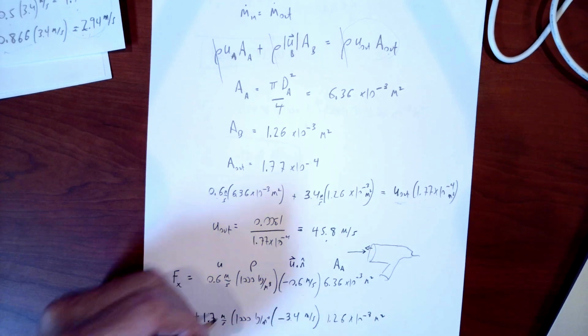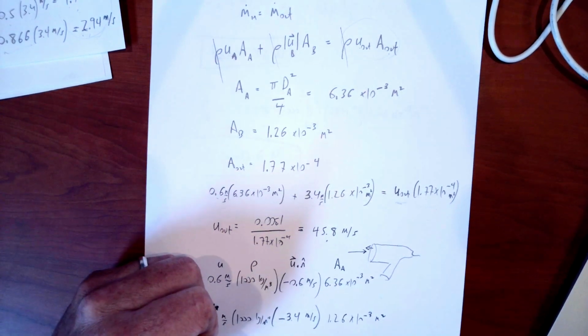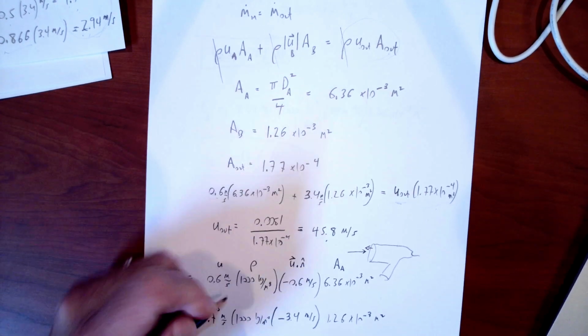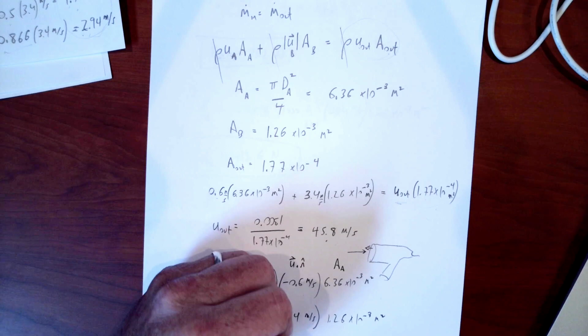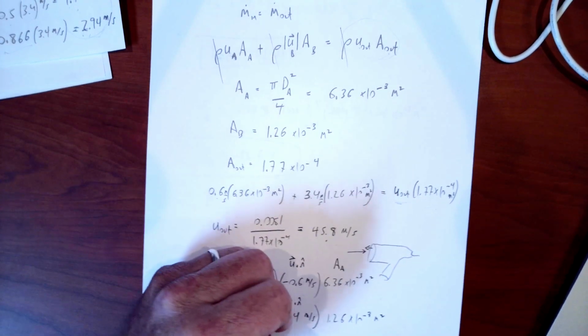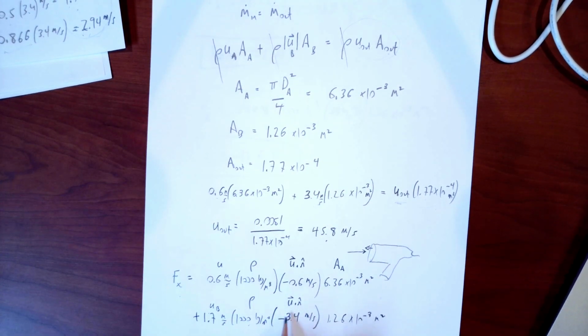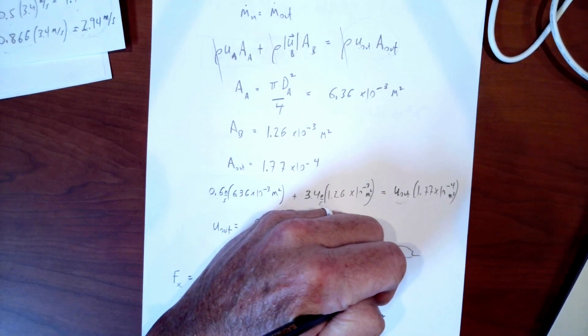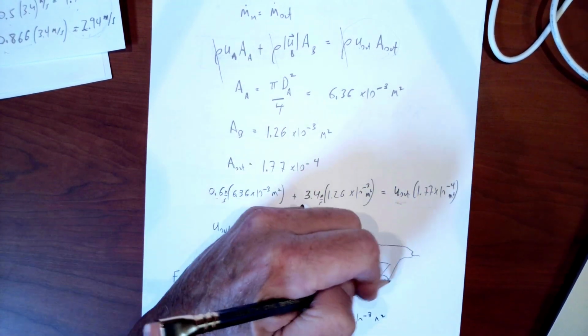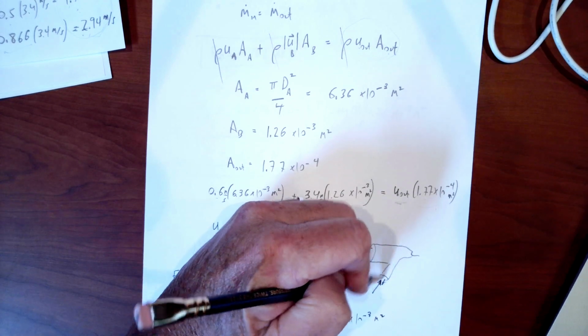Same thing here. This is my u component of the B velocity. This is my density. This is my u dot n at the B surface. So I've got the magnitude of u dotted with n. Here u dot n gives me the magnitude of u with a negative sign again, because once again my velocity and my unit normal are pointed in opposite directions as this fluid enters the nozzle.